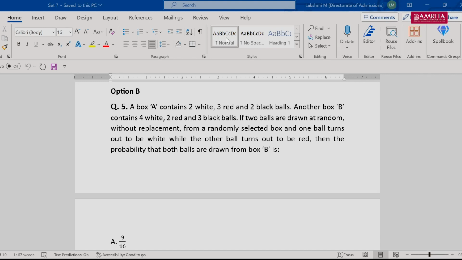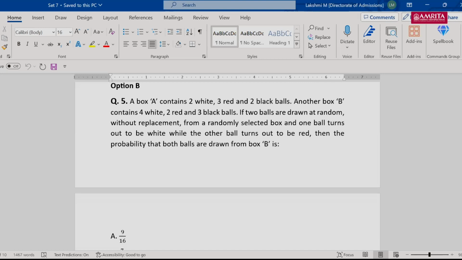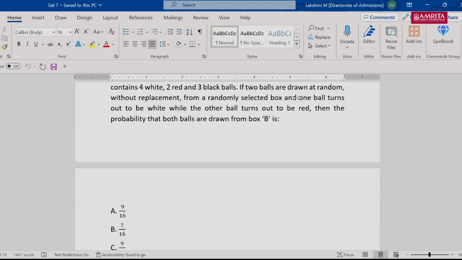I think most of you have given me an answer of 7 by 16. Let me check which option it is. It's option B, so most of you said 7 by 16. Completely fine.